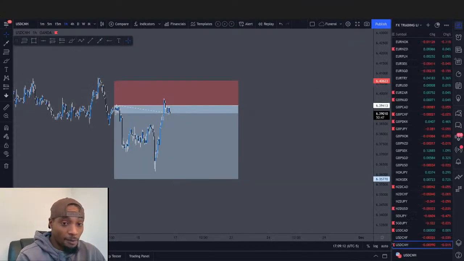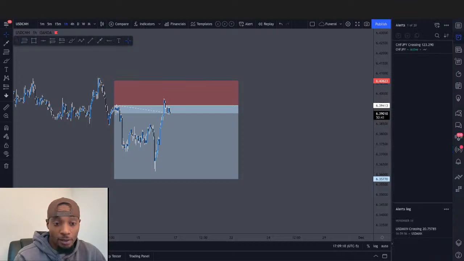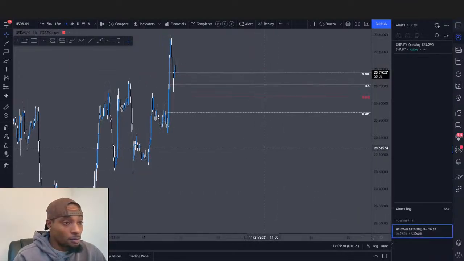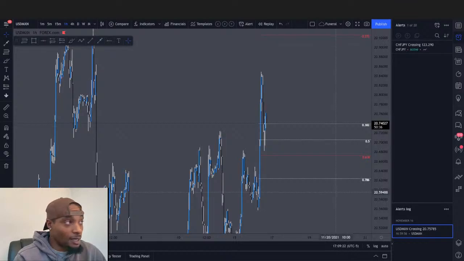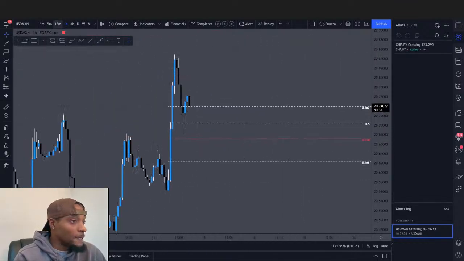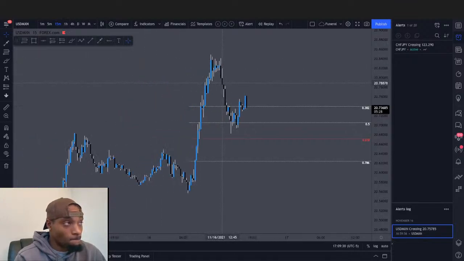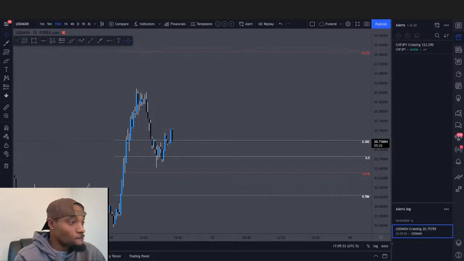I'm supposed to look at, what was that went off? USD Mexican peso. So price is starting to give me some of the things that I like. This is looking like a good opportunity for real.